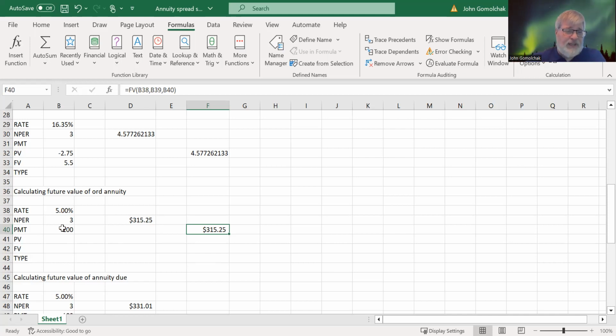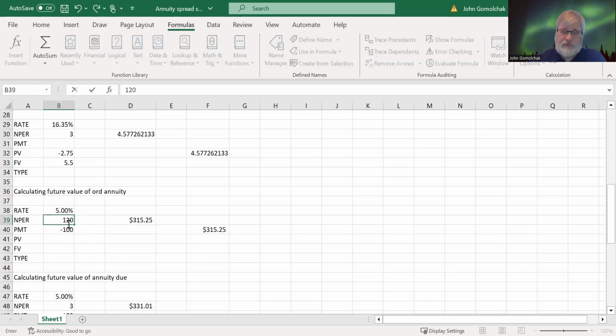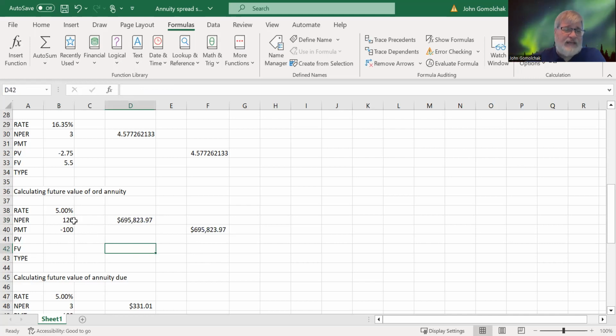So what I say, 120 periods. Let's say that it's a $100 payment, and it's 5%. And at the end of 10 years, those $100 payments would be worth $695,000. So, interesting.